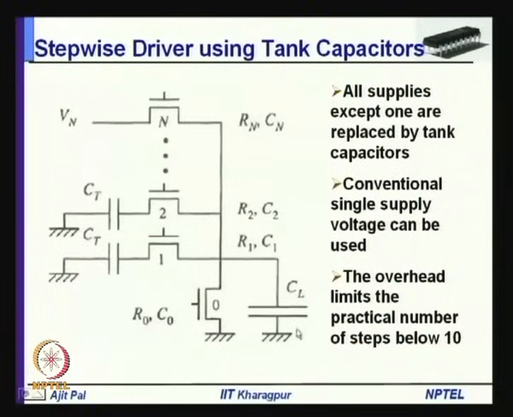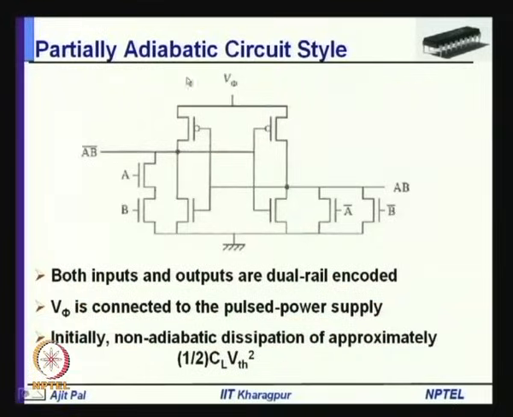So, this is one of the partially adiabatic logic styles. Here, as you can see, we have a pulse power supply applied here, then two inverters which are connected back to back.